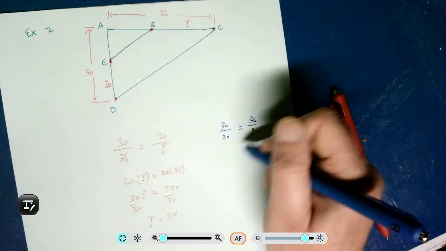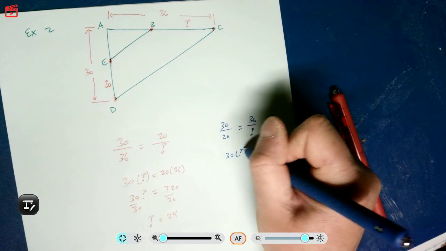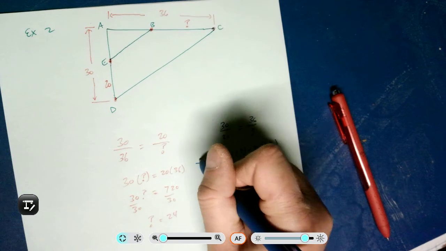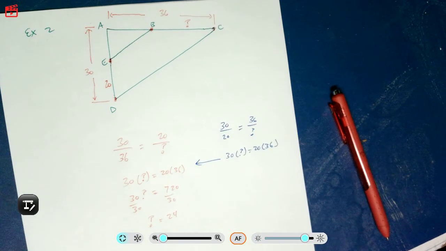And when we cross multiply, we end up with exactly what we have here. And if you solve that, you get 24. So whichever way is easier for you to keep organized, that's the way to do it. Anytime you need to stop, if I'm going too fast, pause it, get your bearings, and then hit play.